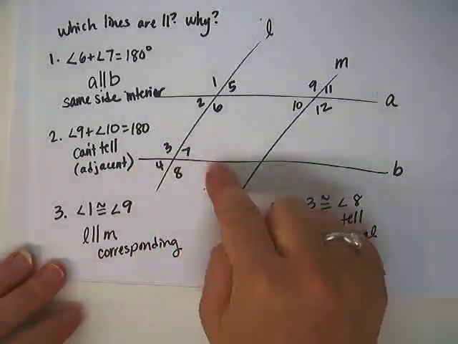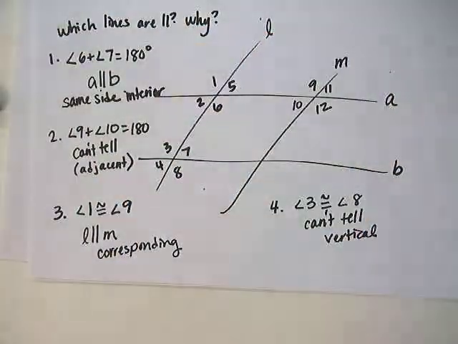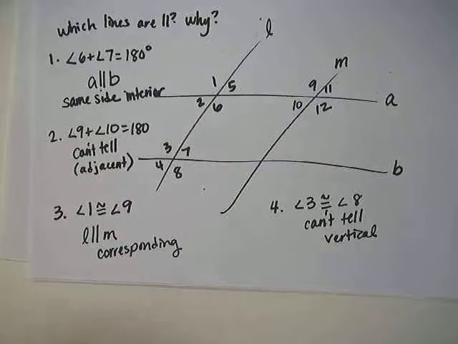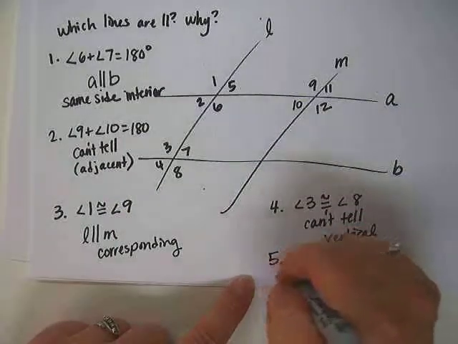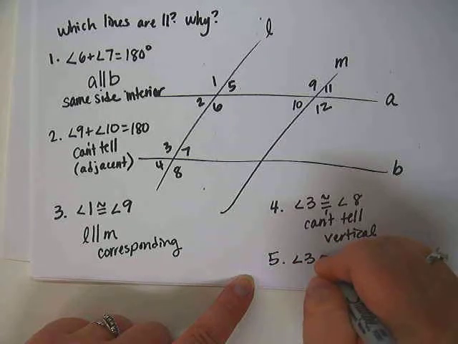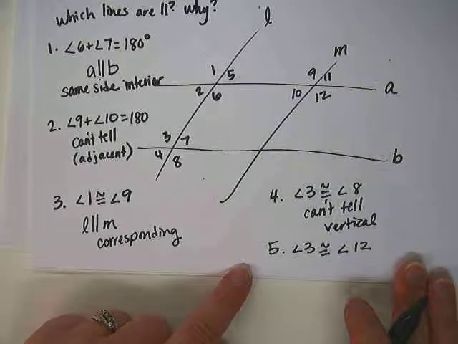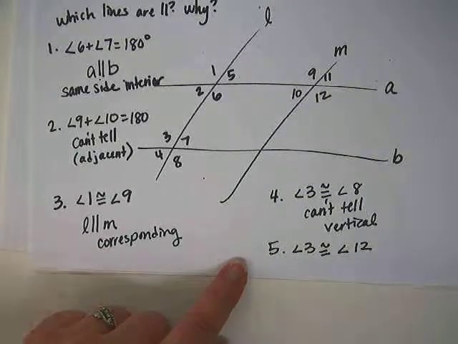Melanie? How come? So we can't tell if any of the lines are parallel because angle 3 and angle 8 are vertical angles and they only require this set of crossing lines and they don't require either of the lines that could be parallel, right? Okay, last example we're going to do.